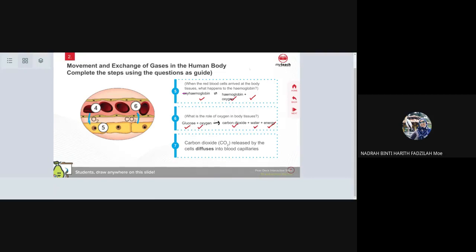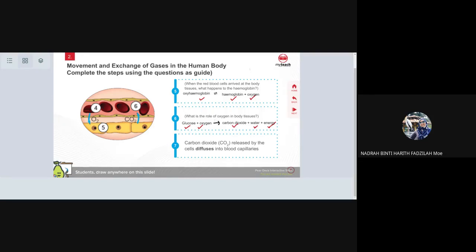Okay, hemoglobin and oxygen, and then oxygen diffuse into the body cells atau body tissue so that cells can perform cellular respiration. Cellular respiration tu apa? Proses yang kita nampak dekat kotak nombor 6 ni. Glucose plus oxygen is used to produce carbon dioxide, water and energy.